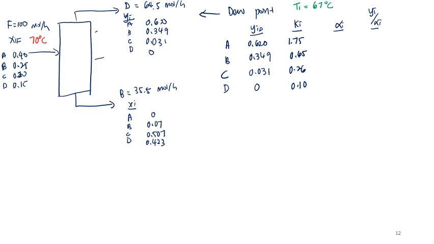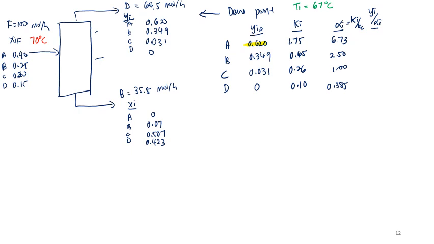So alpha I is just Ki over Kc, and then you can key in the values. Here is 6.73, 2.50, 1, and 0.385.